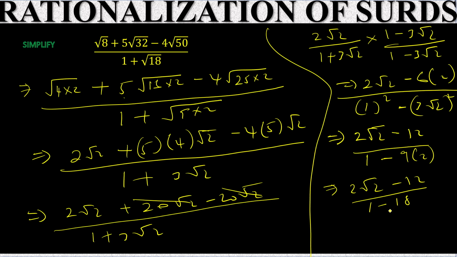Alright, so we have 2 root 2 minus 12 on minus 17. Okay, so we can break this one by saying 2 root 2 on minus 17 plus 12 on 17. Alright, so that's that.